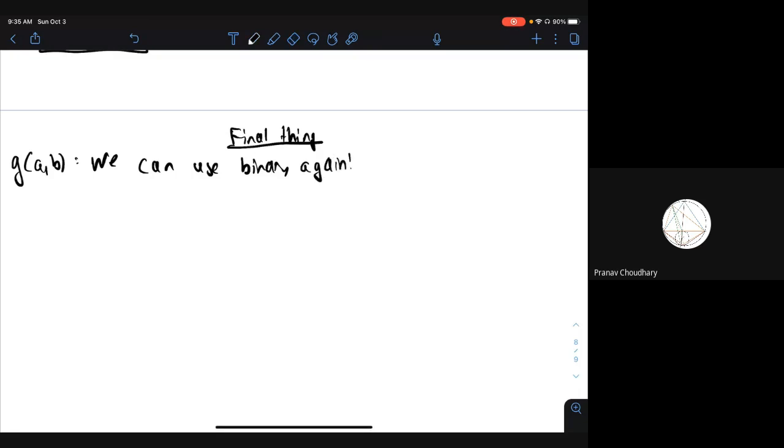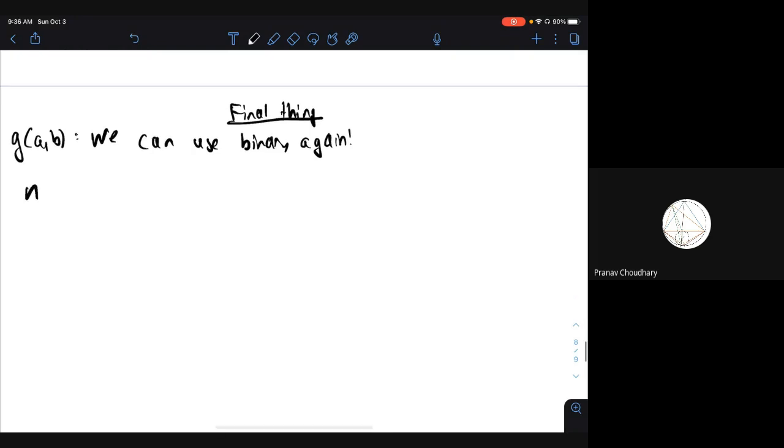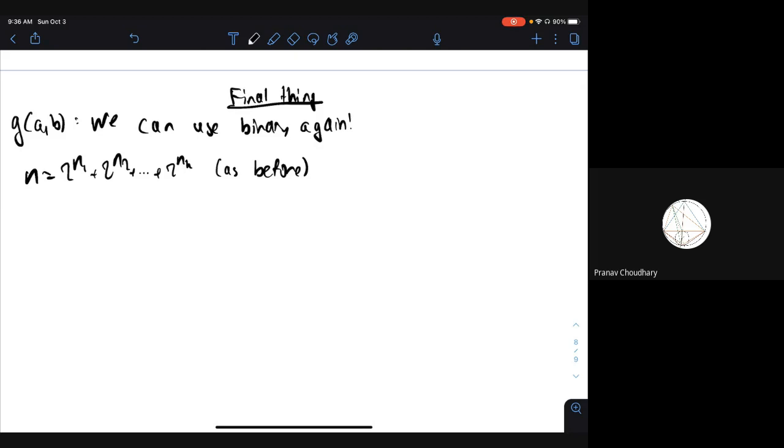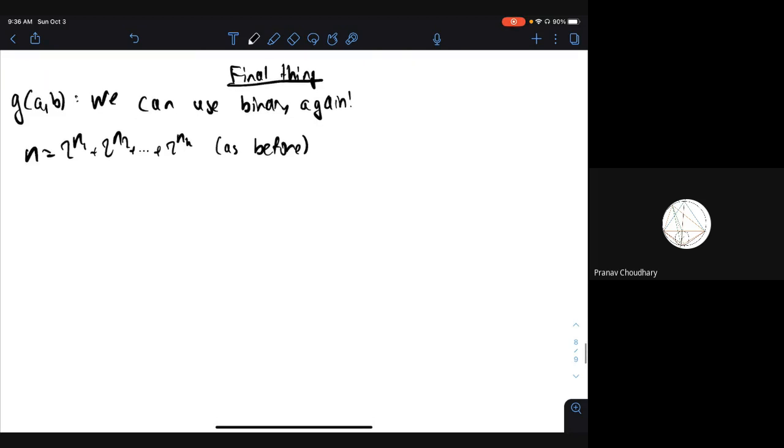So I'll just show how this is done. Say n equals 2 to the n1 plus 2 to the n2 up to 2 to the nk. Let me show how we can use this binary representation coupled with the g of AB lemmas that we have to make something even faster.